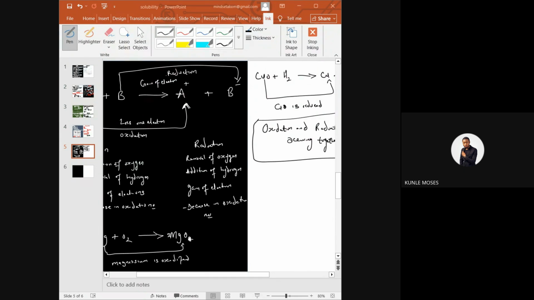Which statement correctly compares true solutions and colloids? A, both can be filtered; B, colloids are homogeneous; C, true solutions do not scatter light; D, colloids have smaller particles than true solutions.